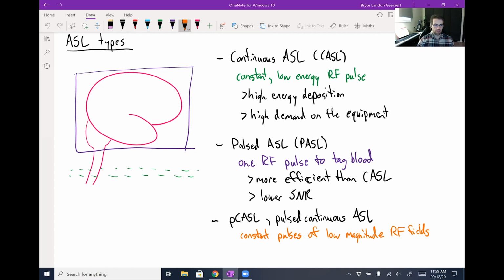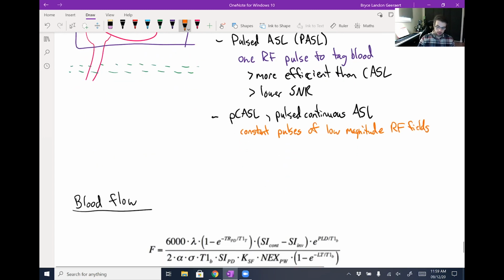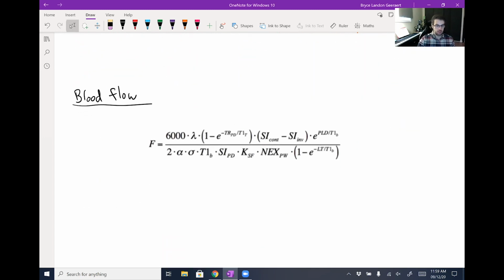Now, the last question about ASL is, we know there's a signal difference and we can use that to infer perfusion or calculate blood flow to an area, but how exactly do we do that? The answer is, I have ignored equations like this throughout this course, and I will continue to do so now.